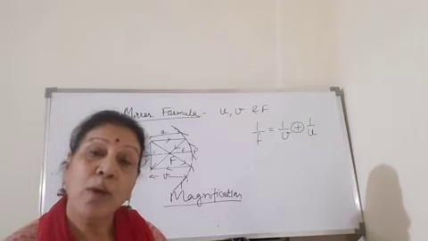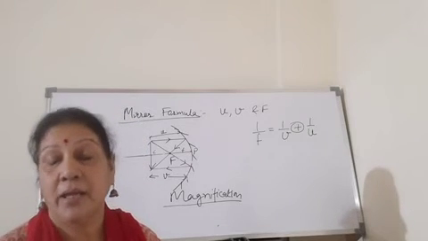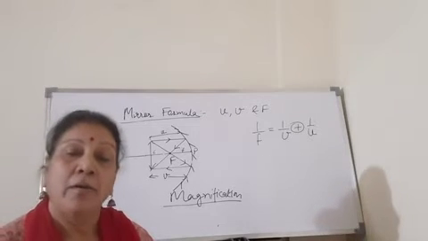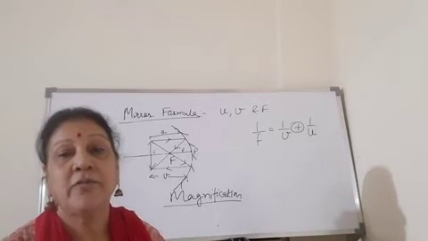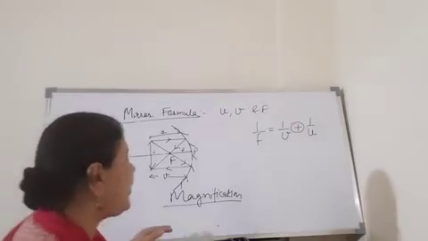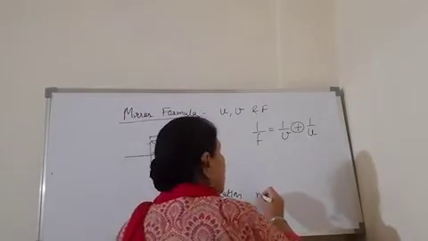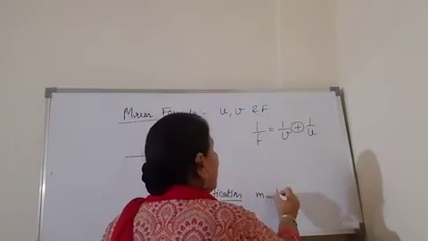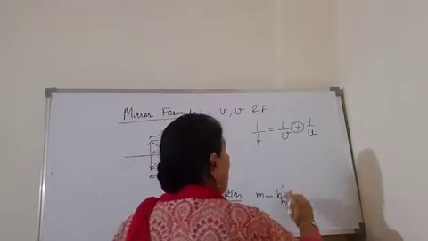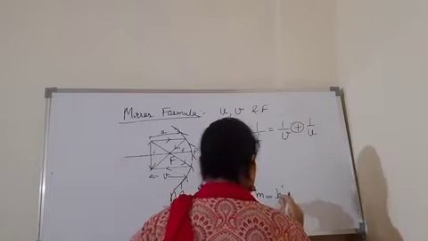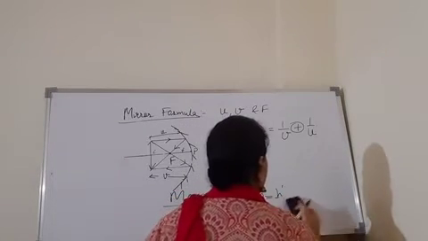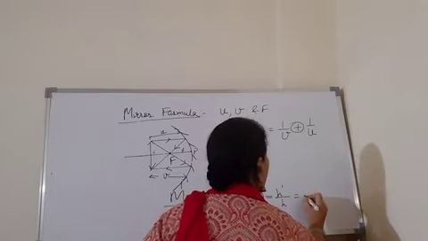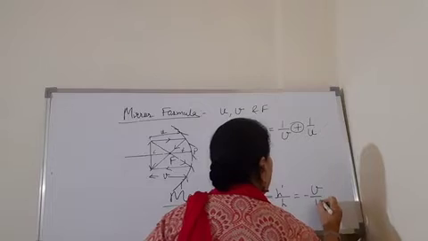If it's more than 1, then it is the bigger, magnified image. When we come across it in numerical form, it's easier for you to understand. So magnification is shown by small m, and this is equal to h dash upon h, which is equal to minus v by u.